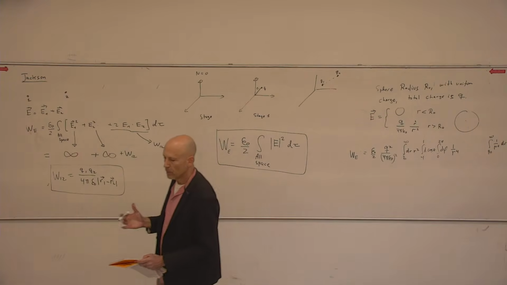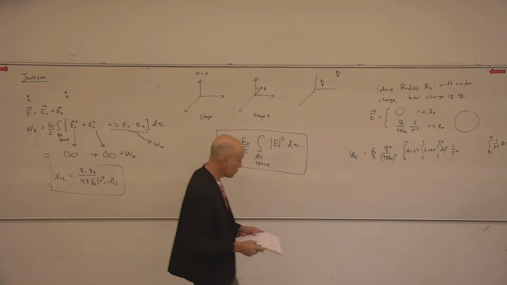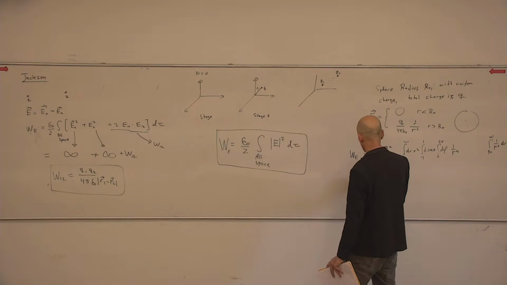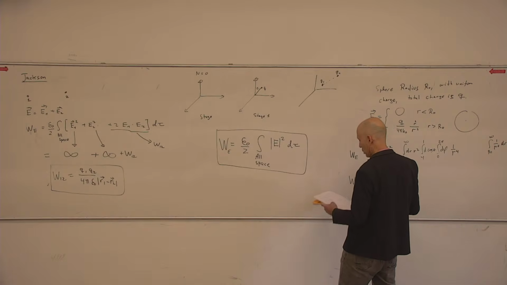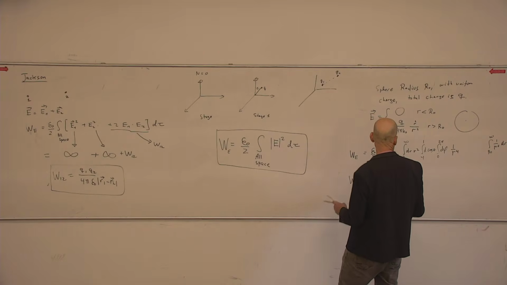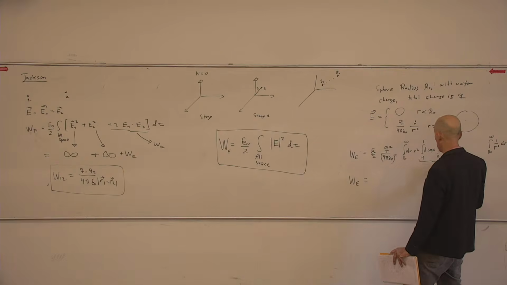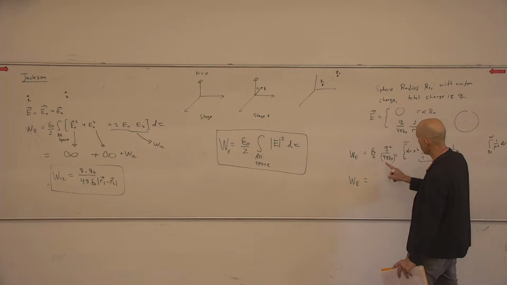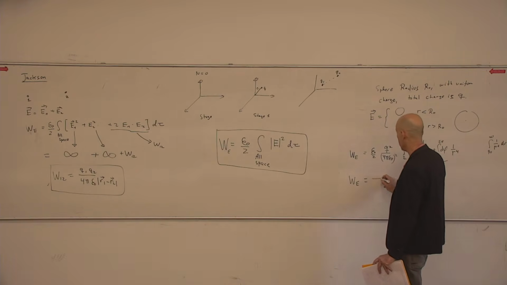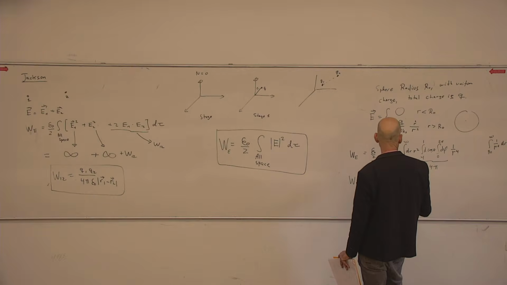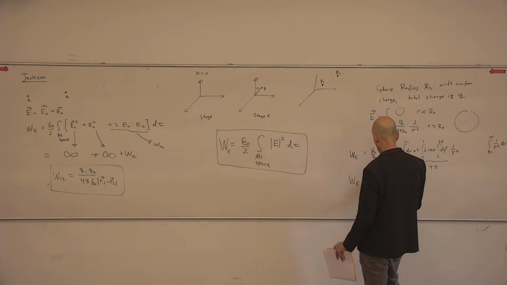So W_E, if I do this integral, the angular part gives you 4 pi. Here I have 4 squared, one 4 will go, and then 4 times 2 gives 8, with epsilon 0 down here. We have here W_E equals Q squared over 8 pi epsilon 0 R0.